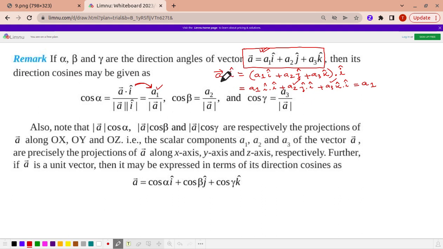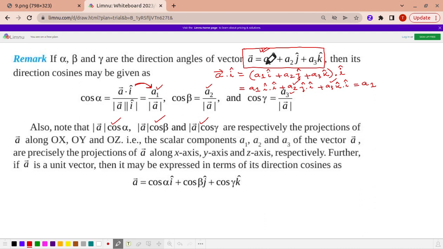Similarly, cos beta equal to the j cap component of the vector A, that is A2, divided by mod of this vector, and cos gamma equal to the k component of the vector A, that is A3, by mod of A. Also, we need to note that mod A cos alpha, mod A cos beta, and mod A cos gamma are respectively the projections of A along OX, OY and OZ.